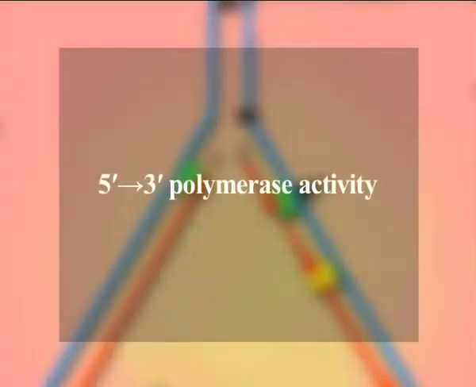DNA polymerase has three distinct properties. Number one, an important function of DNA polymerase is 5' 3' polymerase activity, which is the predominant function of the enzyme and is responsible for the nucleotides forming the DNA chain.